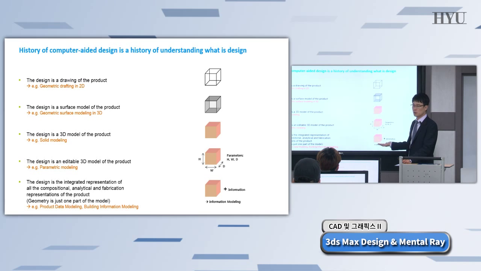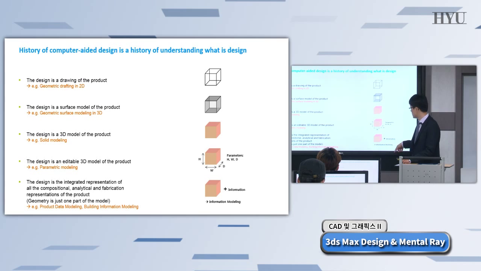In reality, no one says it's an XYZ coordinate point when we are designing walls, columns, chairs. No one says my XYZ point for this arm is this, something like that, okay? We just say height, width, or thickness, that kind of parameters. So they can be defined in this human-oriented way.